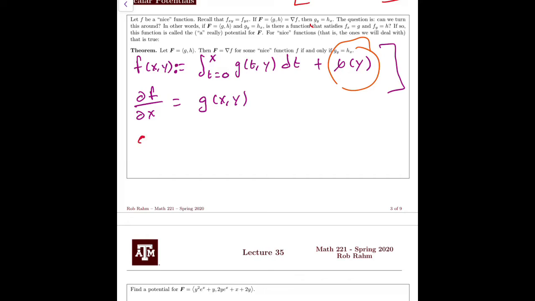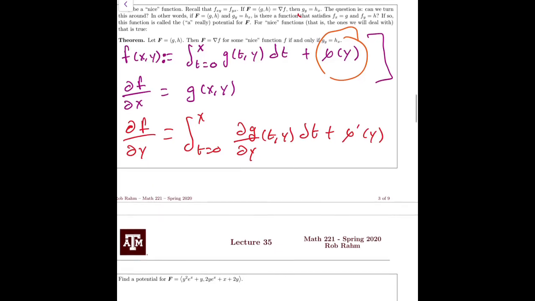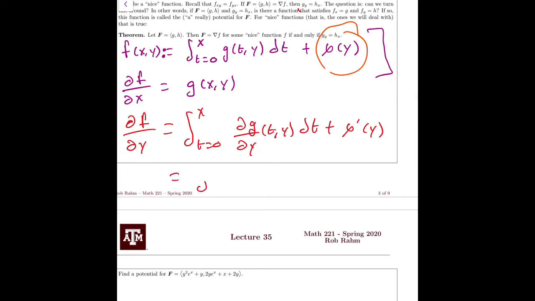Okay, so the partial derivative of f with respect to y is going to be the integral from t equals 0 to x of the partial derivative of g with respect to y, g of t, y, plus the regular derivative of phi with respect to y, because phi is only a function of y.